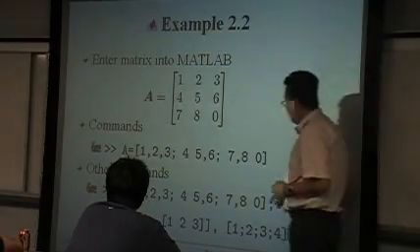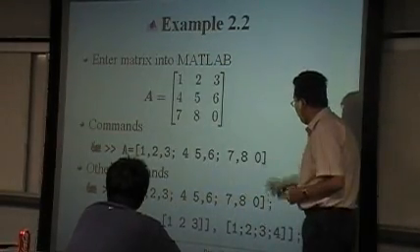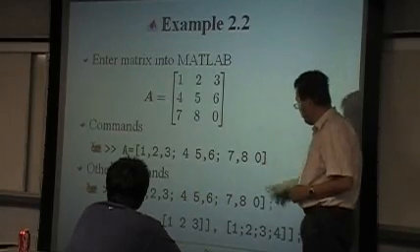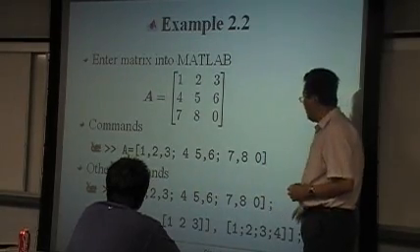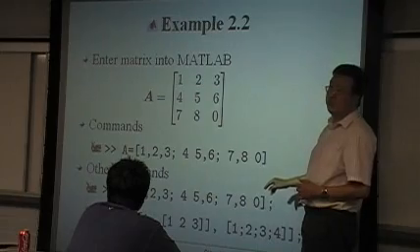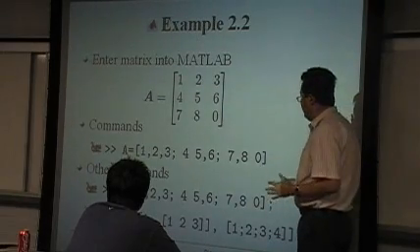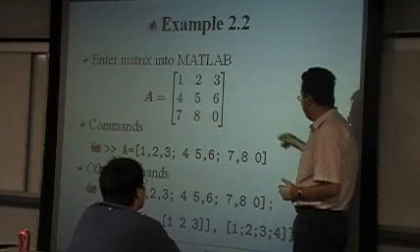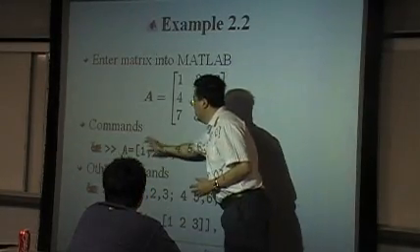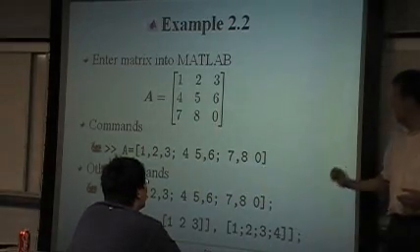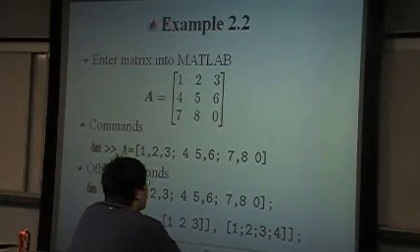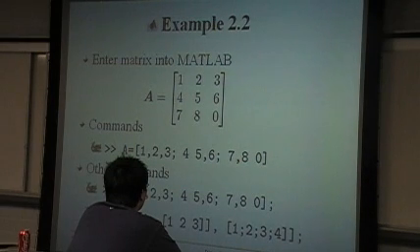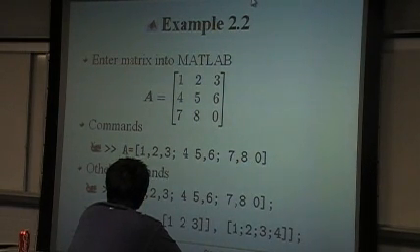I gave a similar command like this, and you can see the difference between the two instructions. There is a semicolon at the end of the statement, which means the matrix will not be displayed. If there isn't a semicolon, once you execute the command, the result will be displayed. In your program, you can use a semicolon to suppress the display of intermediate results.